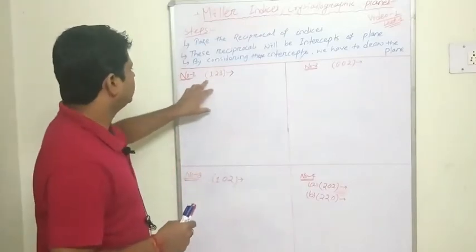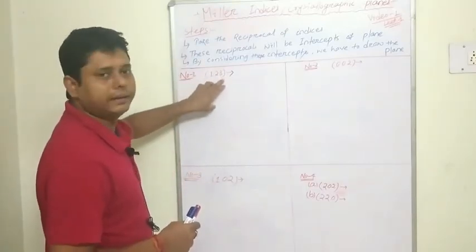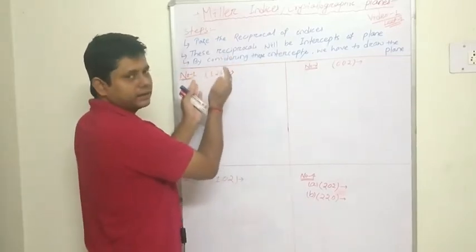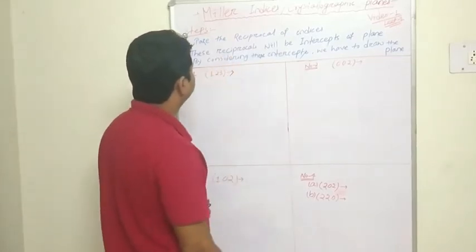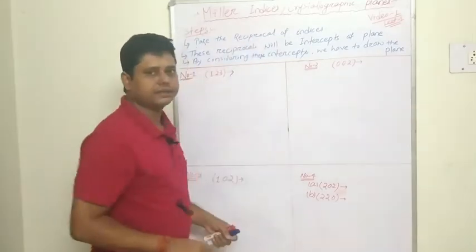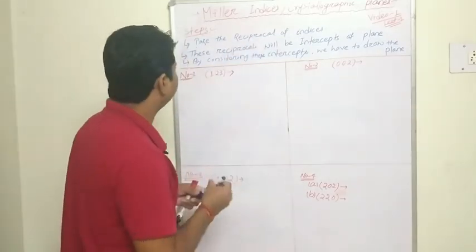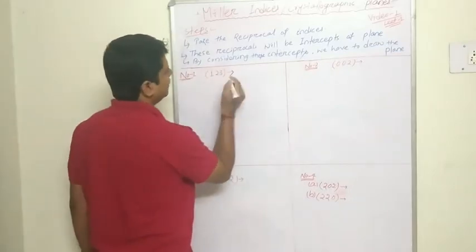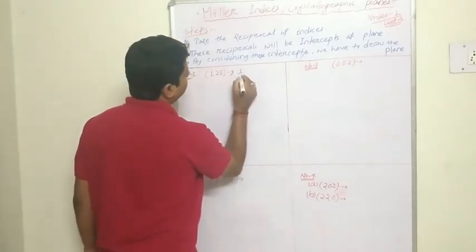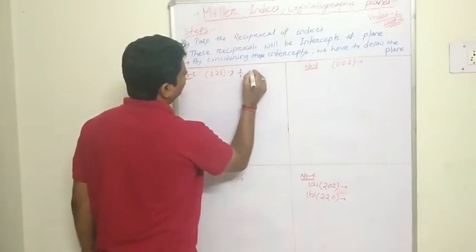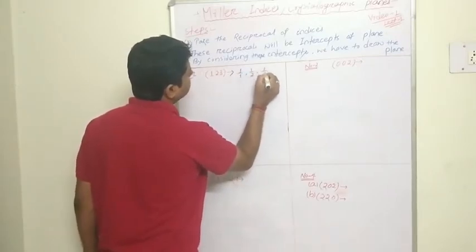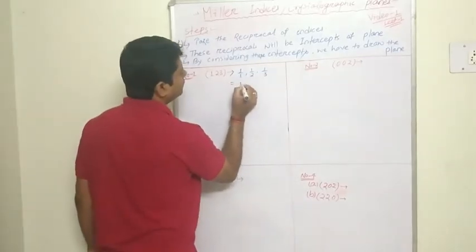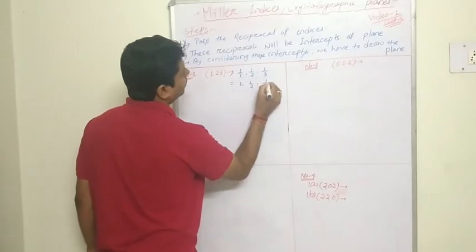The indices of a plane are the numbers enclosed by the circular bracket. So we take the reciprocal of these numbers: 1 by 1, 1 by 2, 1 by 3, which equals 1, 1 by 2 and 1 by 3.